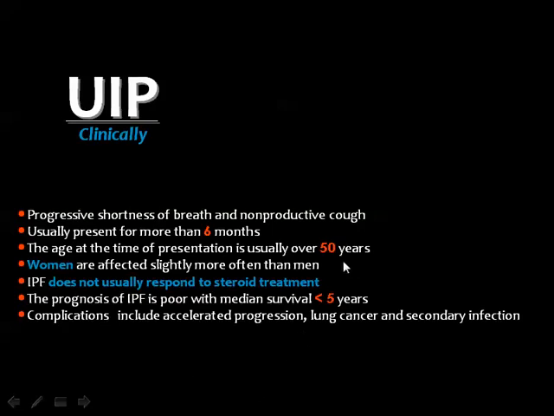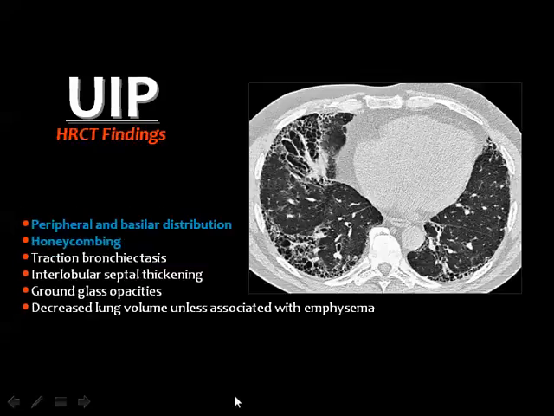It usually affects females above the age of 50 years, and it usually presents after more than 6 months of complaints. It does not respond to corticosteroids and is usually of poor prognosis.